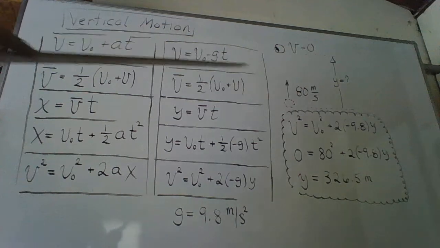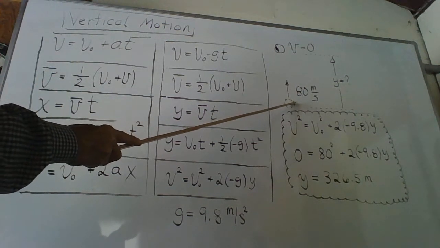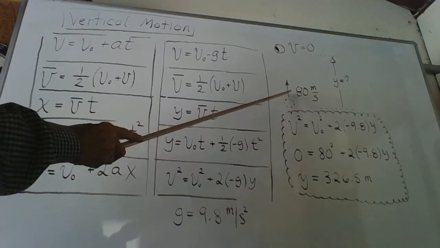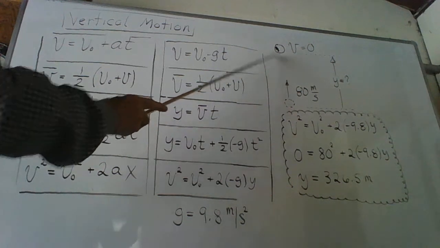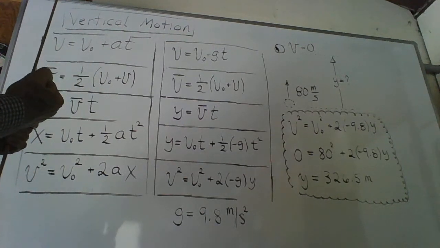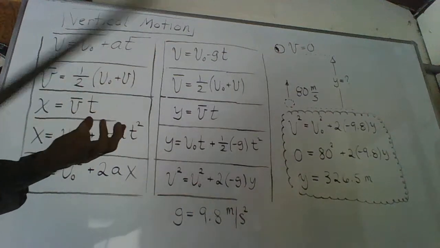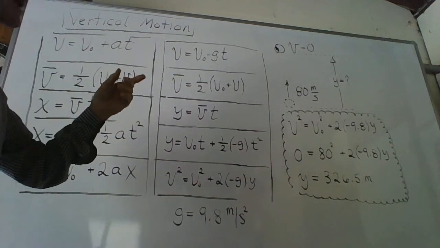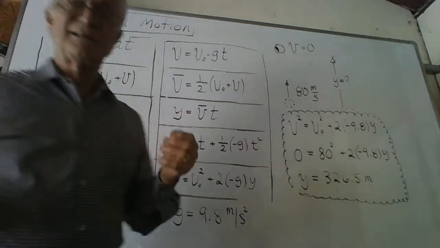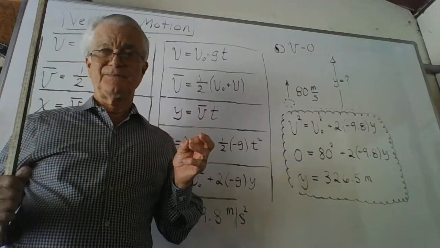We have an object thrown or fired or otherwise propelled upward with an initial velocity of 80 meters per second. It rises straight up, and as it rises, the pull by Earth is slowing it down, pulling down on it. With each passing second, Earth eats away at the upward vertical velocity at the rate of 9.8 meters per second with each passing second.